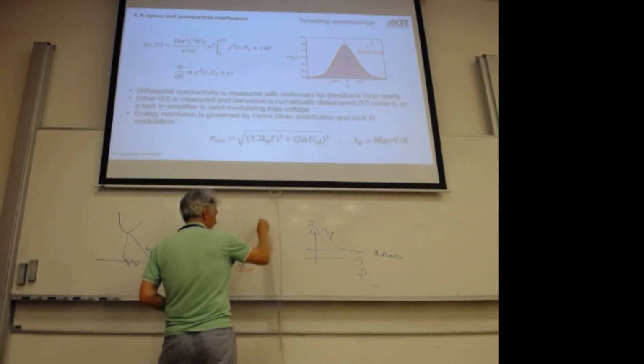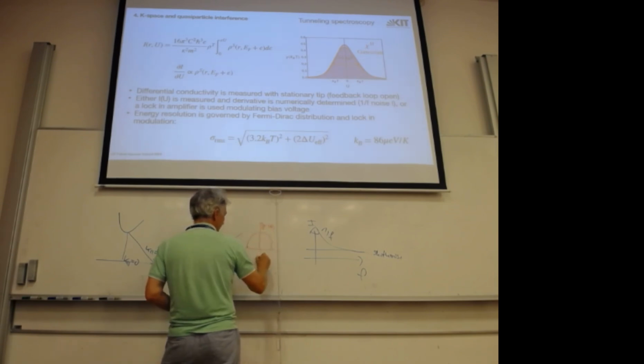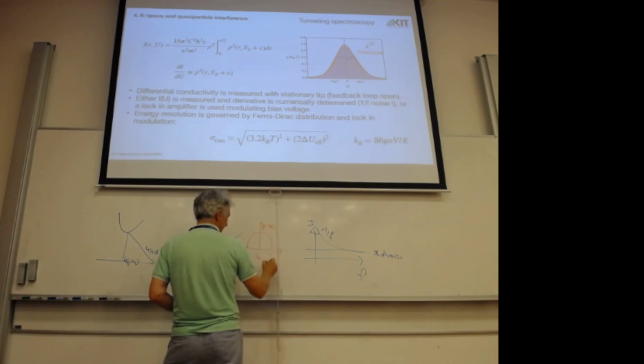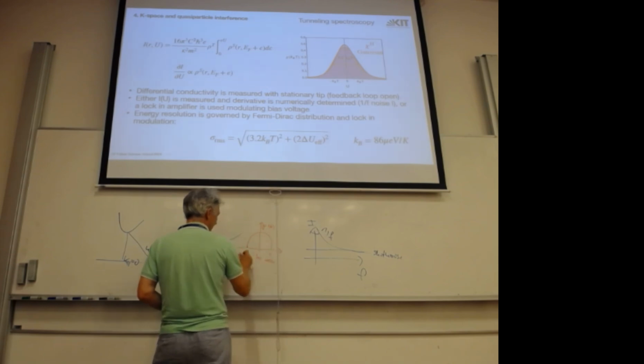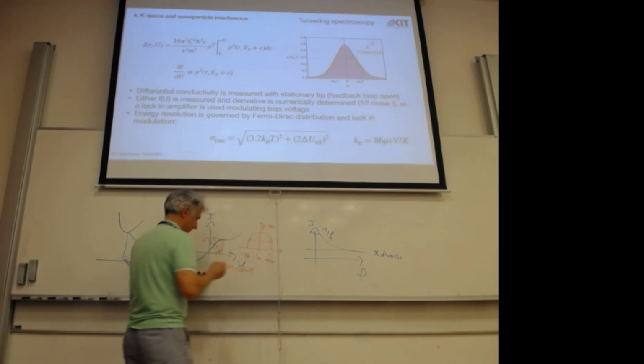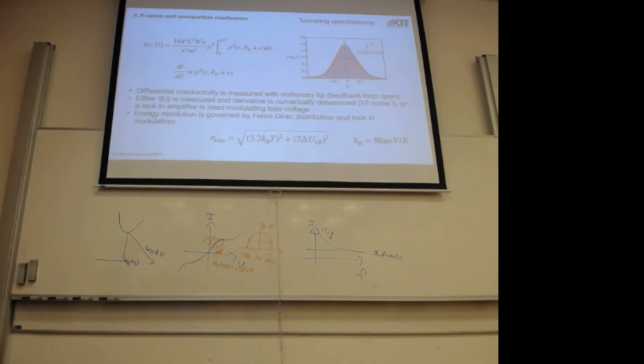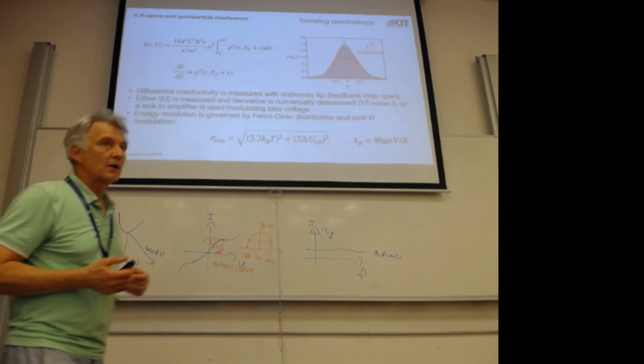So it looks exactly like this. So this is the probability of U. And this is U naught, this is plus delta U, minus delta U, and this width here is 1 over square root. What is the typical omega which you use for this modulation?